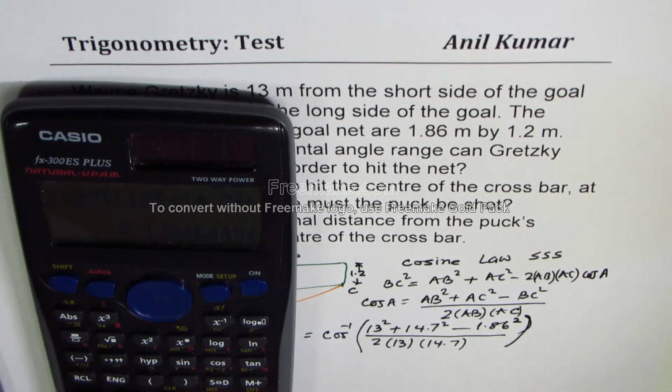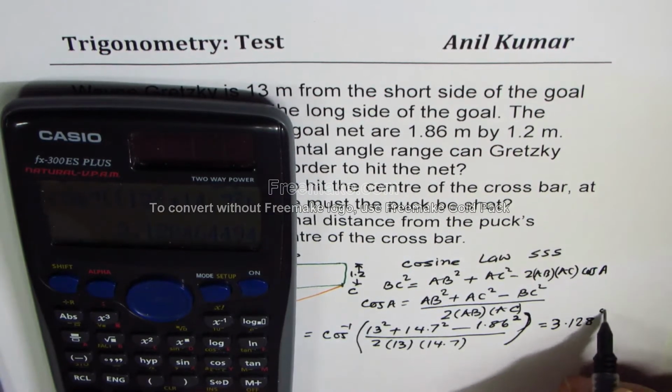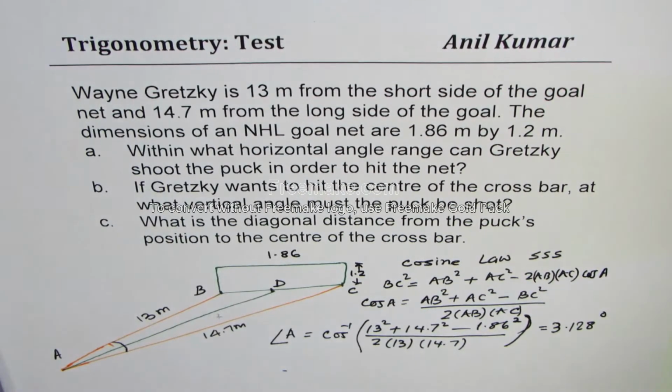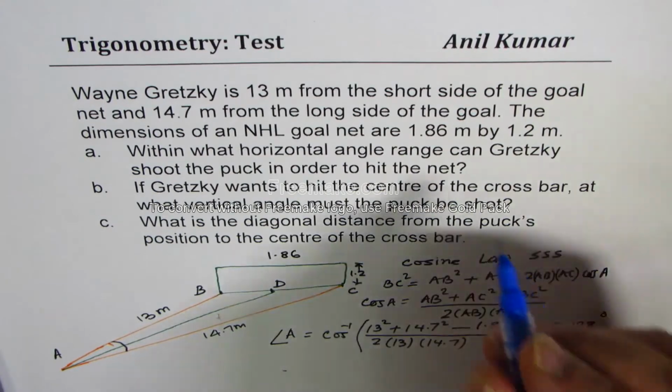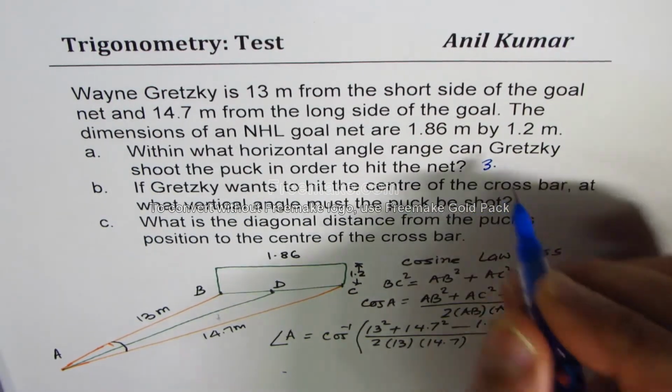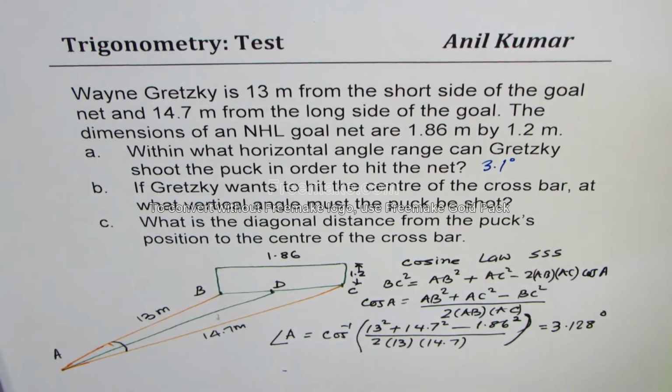Equals, so we get our answer as 3.128 degrees. So that is the angle which can be made at this position. So the angle is, let's say, 3.1 degrees. Is it okay? So that is part 1.